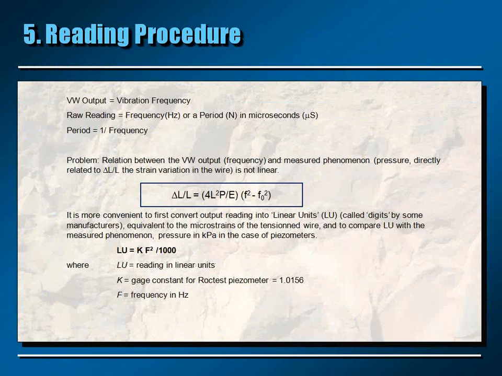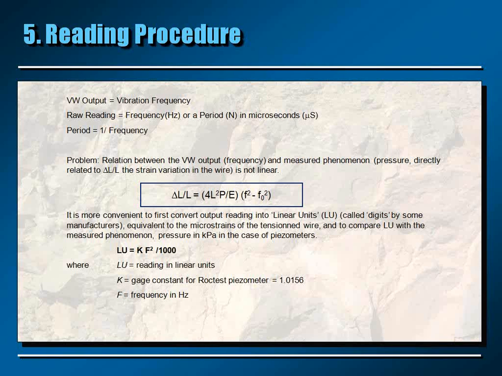Okay, now the reading: how to read a vibrating wire piezometer. What's important to keep in mind is that the output from a vibrating wire piezometer is a frequency. So you get either a frequency in hertz or a period in microseconds.